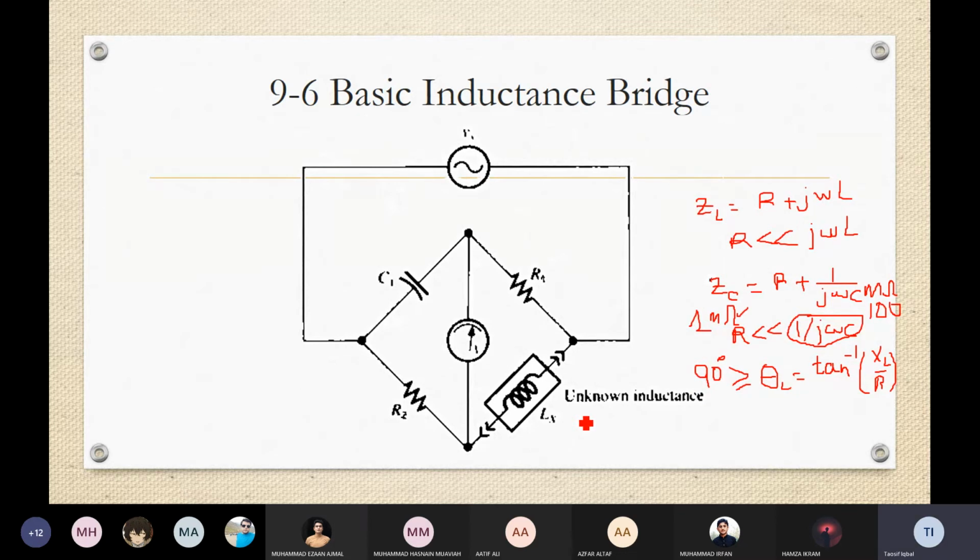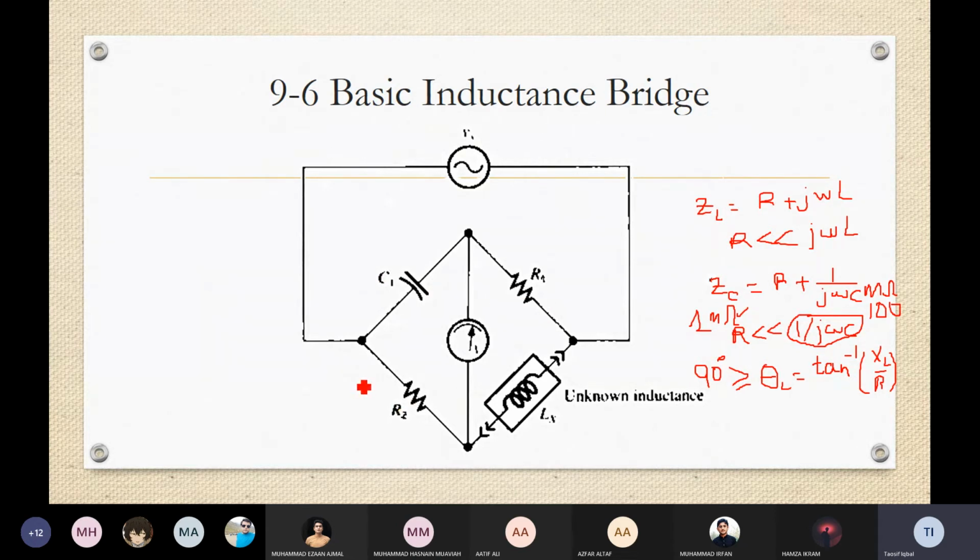आई थॉट ये आपको पता होगा क्योंकि नेटवर्क एनालिसिस और आई थिंक इलेक्ट्रिक सर्किट्स में तो आप ये चीज़ें पढ़ चुके होते हैं. इवन जो मशीन्स है उसके अंदर भी आप ये चीज़ें पढ़ते होते हैं. खैर, सो इन केस ऑफ प्योर अननोन इंडक्टेंस वी कैन यूज C1 as fixed pure capacitor, then R1 and R2.